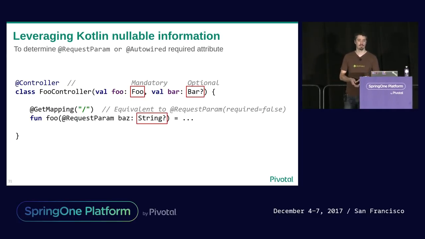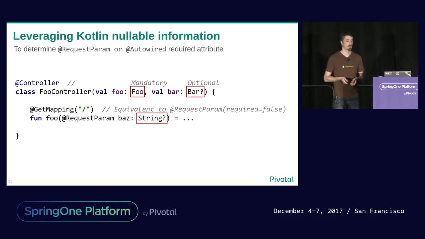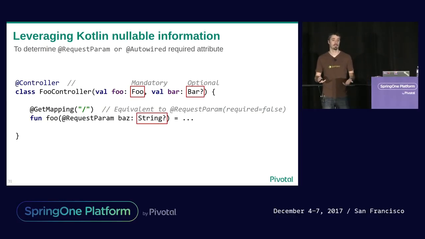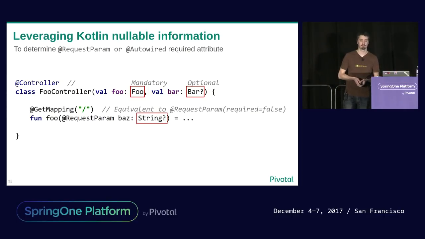Another place where we leverage Kotlin nullable information is for @RequestParam and @Autowired required attributes. In Java, you have to set required=false manually if you want that. But in Kotlin, if you are annotating nullable types, that will automatically mean required=false. So in practice, here we have a full controller. You remember, the @Autowired is implied. Okay, it is not here, but it is implied.